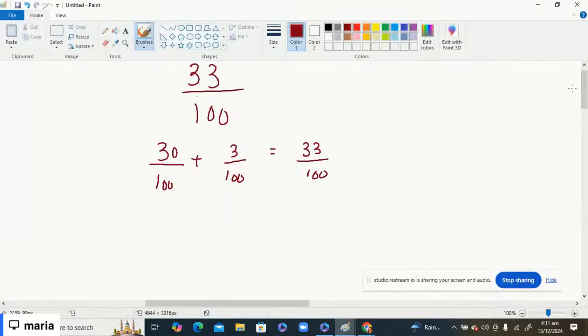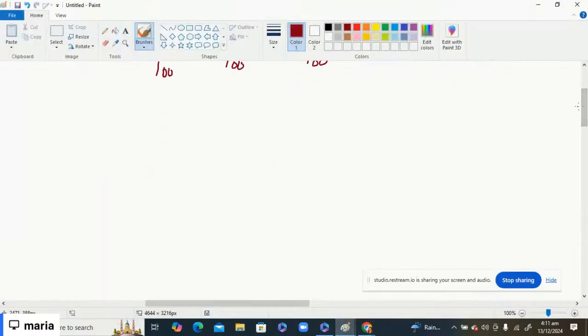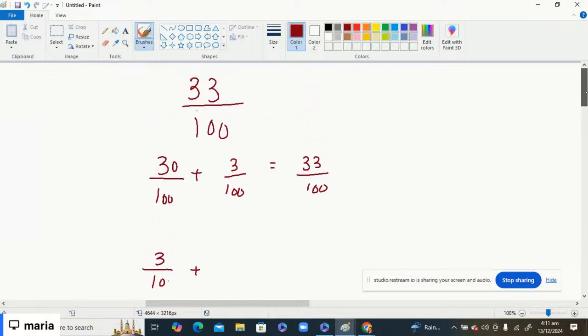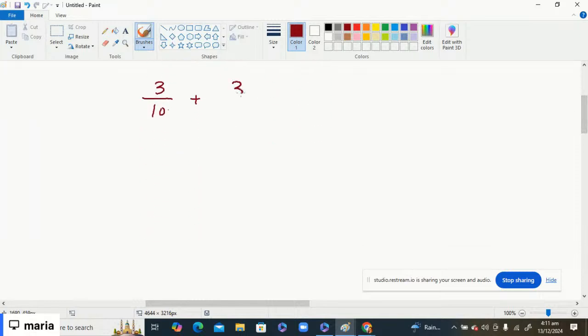What do we do? We split it up into 3 by 10 plus 3 by 100. How can we say that these are equal? You multiply and divide the number with 10.